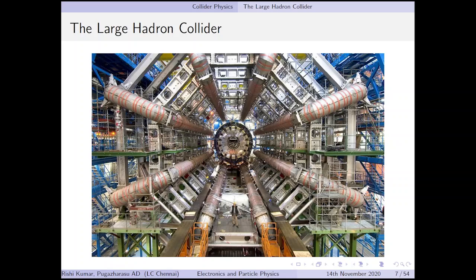So the proton exists in isolation at the LHC only within a bunch. There aren't individual protons; they are just a whole bunch of protons which are collected together by our RF field here.